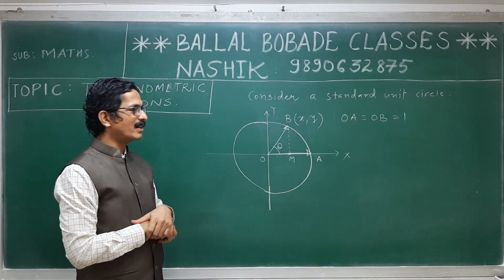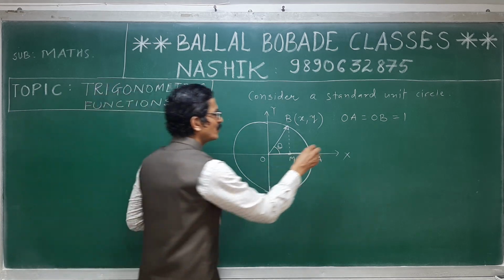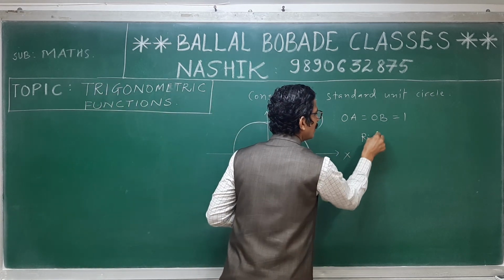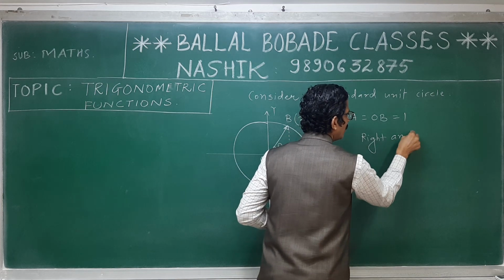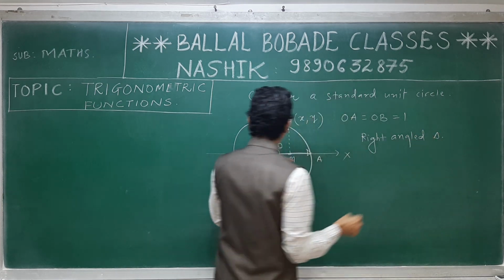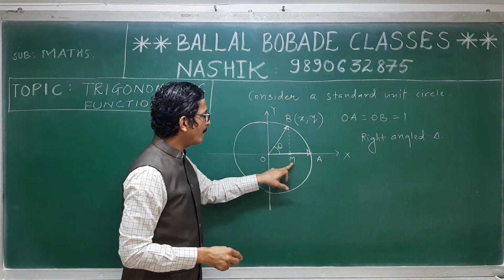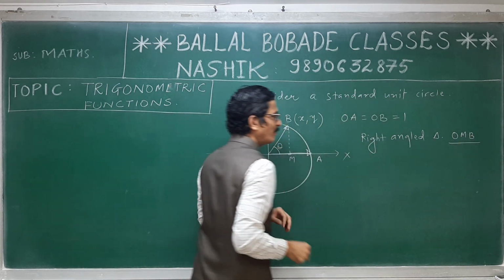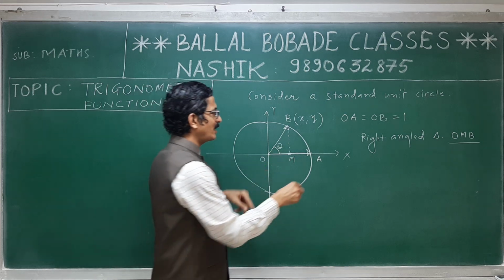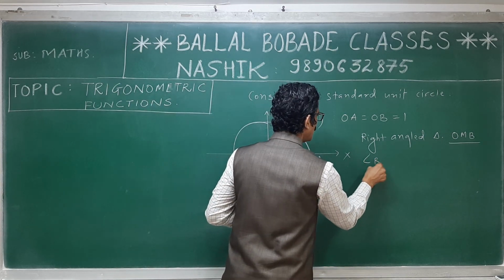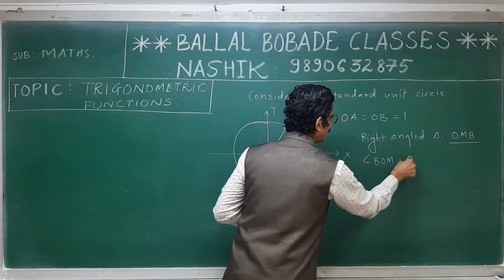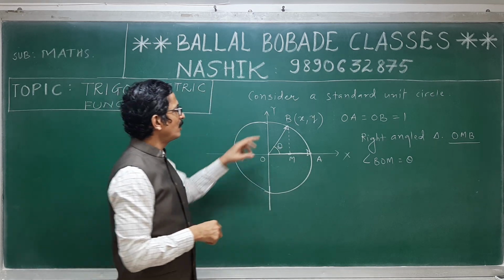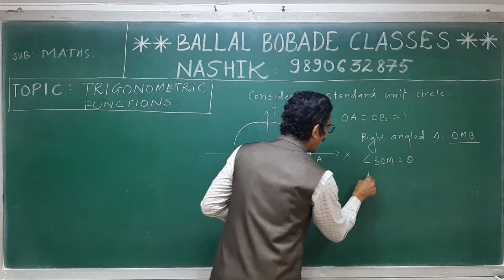Now you have a triangle in which you see it's a right angle triangle. Which triangle? Triangle OMB, in which this angle is theta. Angle BOM is theta. Alright, now you have BM.